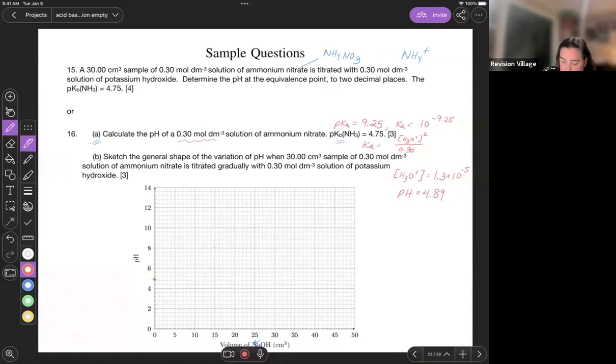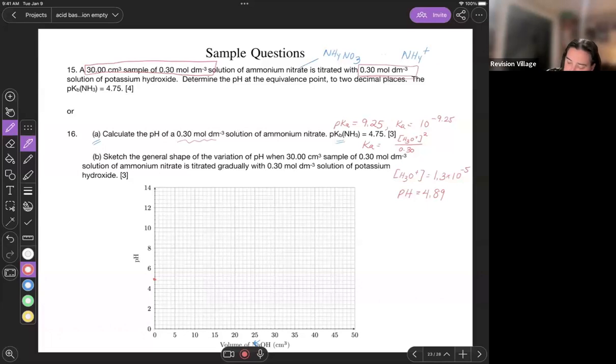Now, the next point that I wanted to put on my graph is thankfully not an awful one. The equivalence point should occur when the moles of ammonium nitrate are equal to the moles of the hydroxide. I know that I started with 30 cubic centimeters of 0.3 molar ammonium, and I'm adding in 0.3 molar potassium hydroxide.